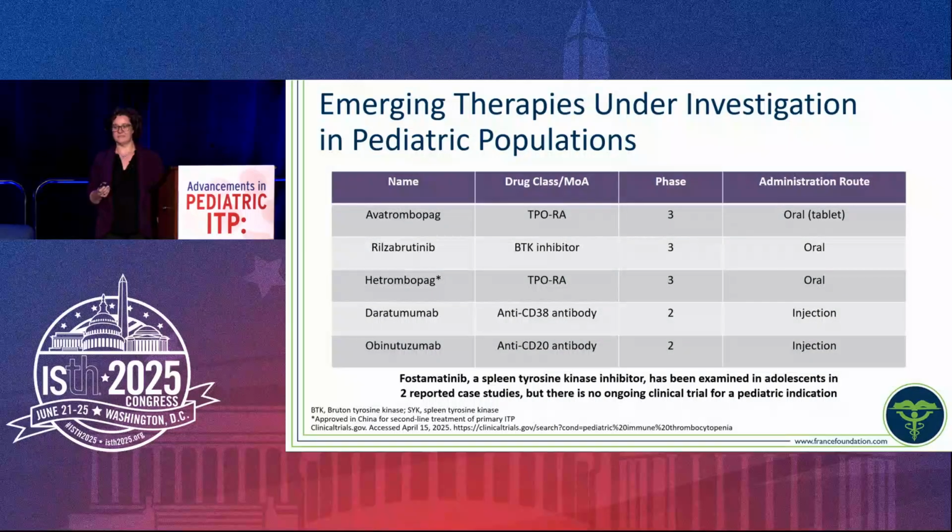It's been examined, it's been used, there are 2 case reports published, or case studies published for the use of fostamatinib in adolescent patients, but there's no ongoing clinical trial in pediatrics. But we could talk about avatrombopag, rilzabrutinib, hetrombopag, which is another TPO-RA, daratumumab, and obinutuzumab.